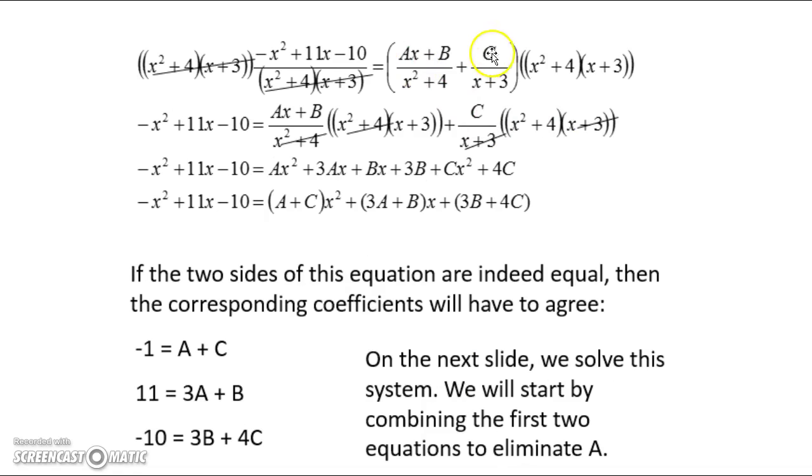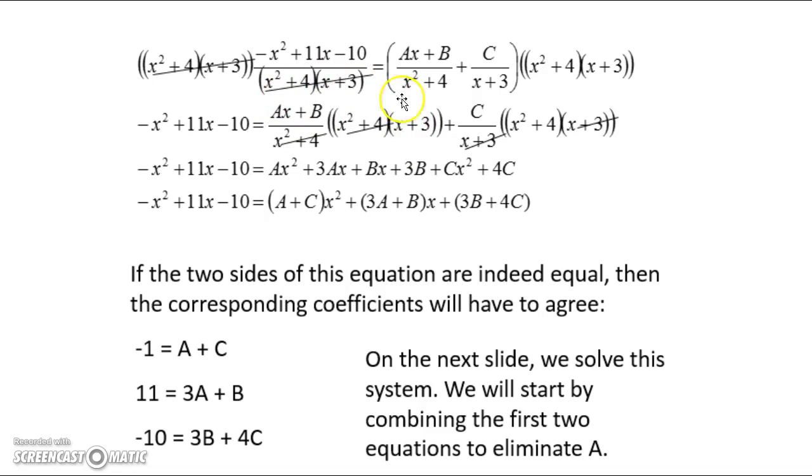Here we have 3 variables instead of 2. So we multiply both sides by that common denominator. Over here, again, that's just going to leave us with the numerator. On this side, we're going to get ax plus b over x squared plus 4 multiplied by x squared plus 4 times x plus 3, and the quadratic factors will then cancel, and we'll have ax plus b times x plus 3.